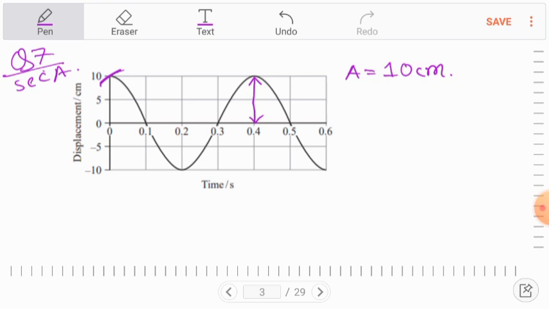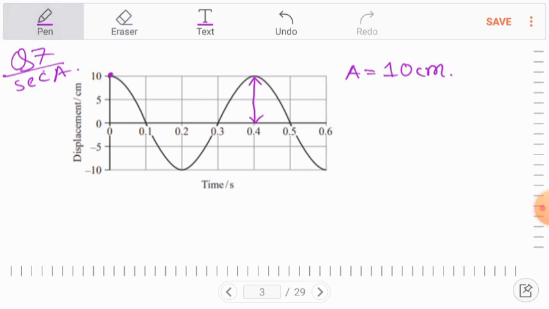I'm skipping option B and moving to option C, because option C says the period of the wave is 0.2 seconds. 0.2 seconds is basically the value for the half time period, because time periods are always calculated from trough to trough or crest to crest.